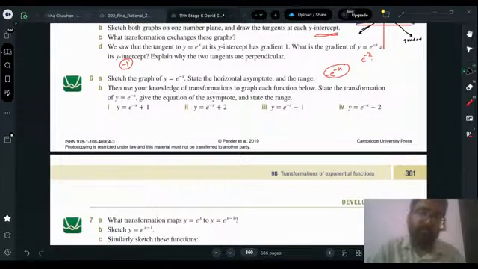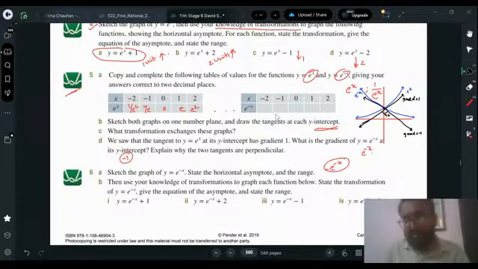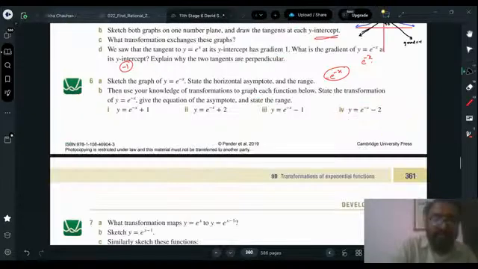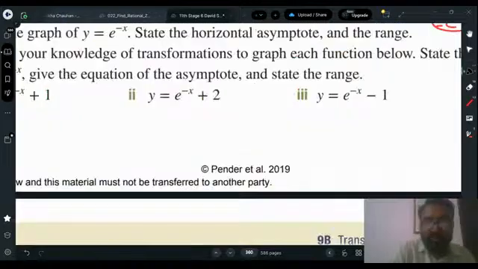Sixth one, y equals e power x. What is the horizontal asymptote? What is the e power x graph in the previous image? This is the left one. So is there any asymptote for this e power minus x? I'm drawing the sketch again.